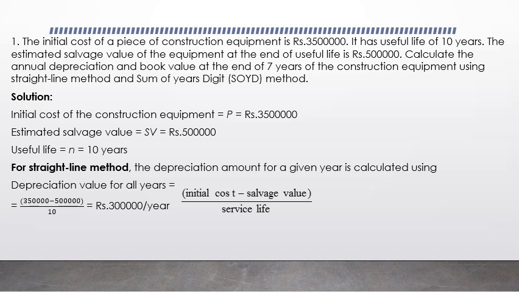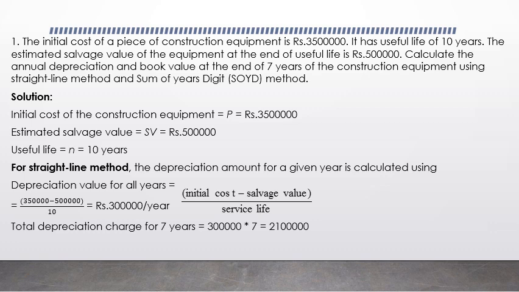So what is the value remaining in the asset? 35 lakhs minus 9 lakhs, that is 26 lakhs. So 26 lakhs is the total amount remaining in the asset at the end of the third year. So it is a very simple method, not very robust.